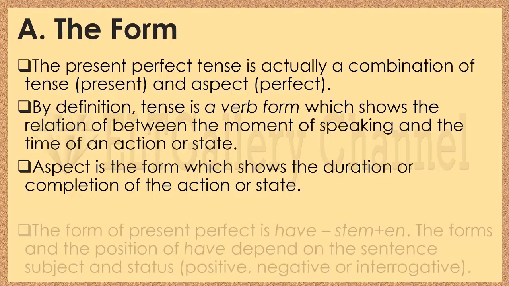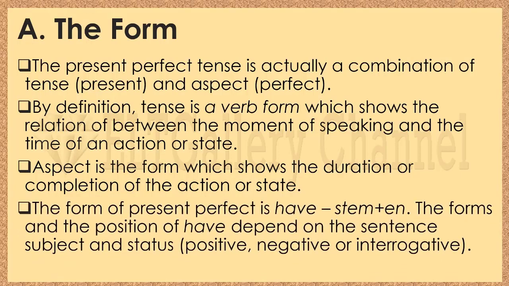That's aspect. And then the form of the present perfect is have and stem plus en. The forms and the positions of have depend on the sentence subject. So what the subject of the sentence is, and the status of the sentence, whether it's positive, negative, or interrogative. Now let's start with the positive sentence.